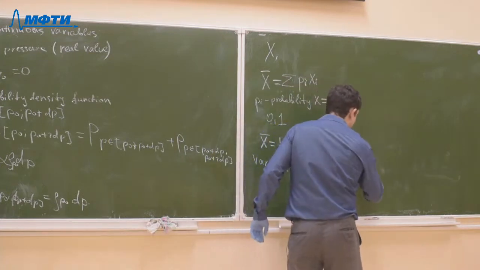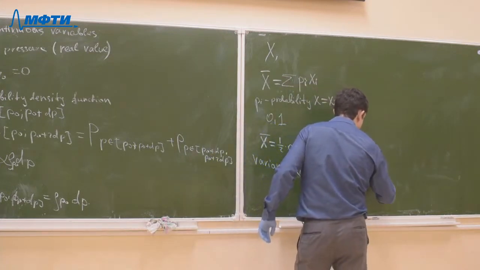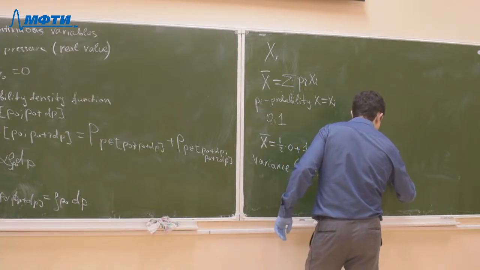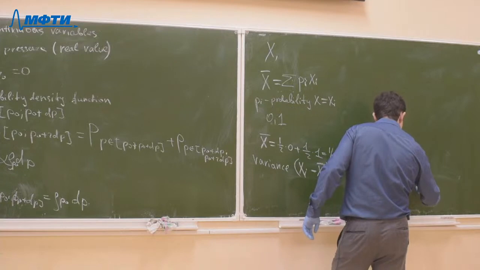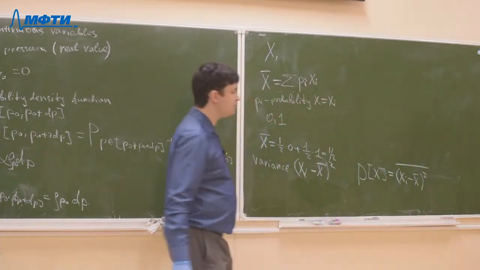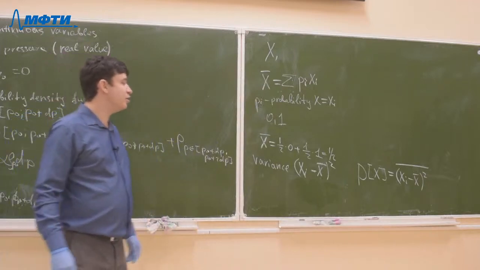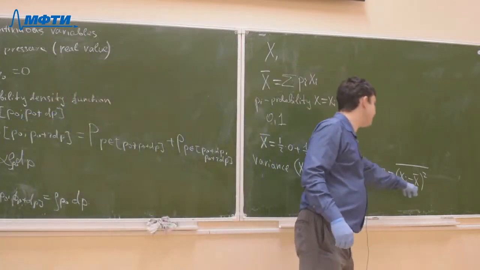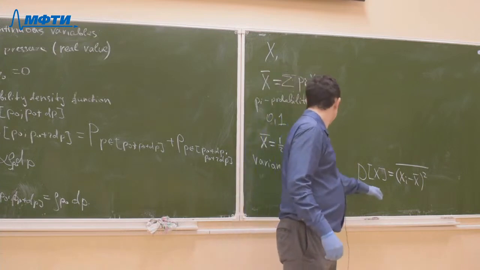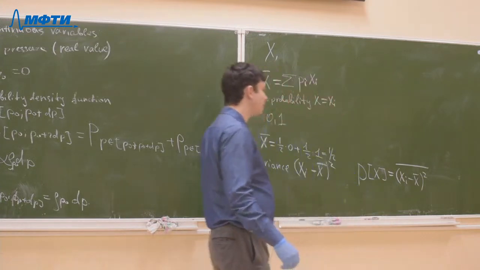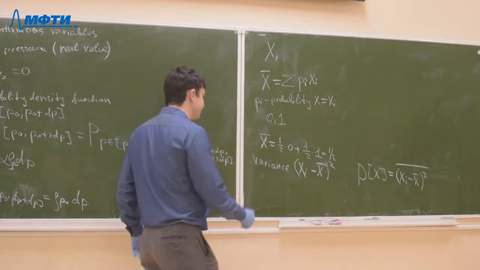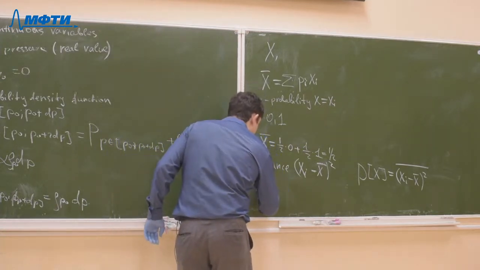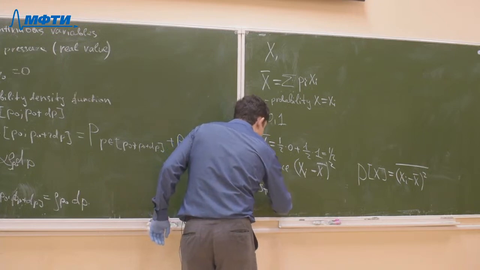So the average square of deviation of your random variable from the mean value gives you variance. And if you take the square root of variance, you will get the standard deviation.